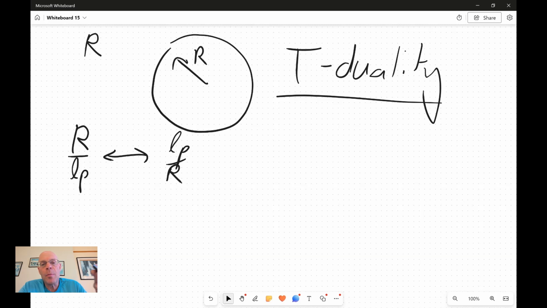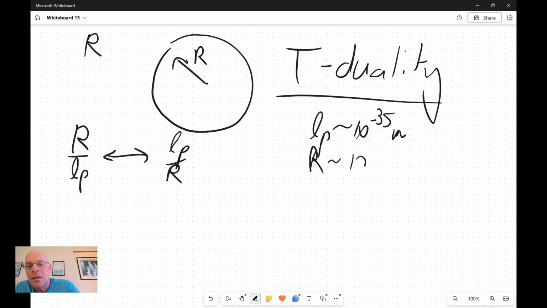So, for example, suppose that L Planck, we said, is 10 to the minus 35 meters, and let's suppose that we have a universe with, I don't know, 10 to the 50 meters. I just invented a huge radius for the universe.